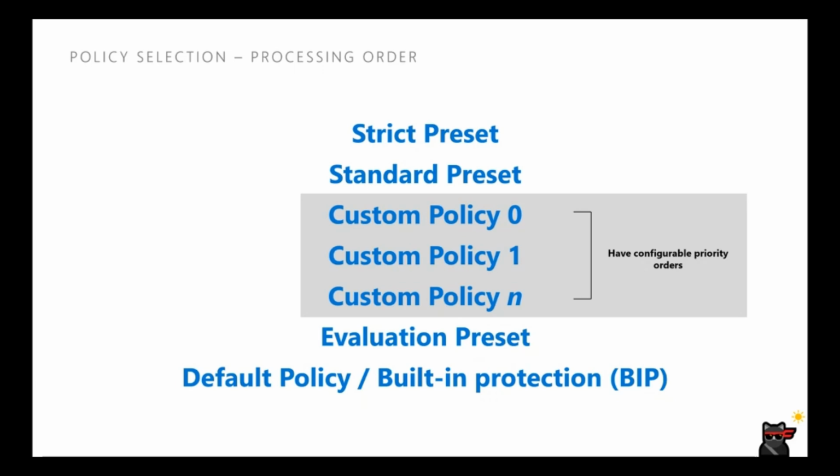So realistically, you can assign users to one of however many policies you want, but we will only act on the first one that we hit where they fit. So if you have them in every policy here in this list, we're going to hit them against strict, and we're not going to evaluate any further.